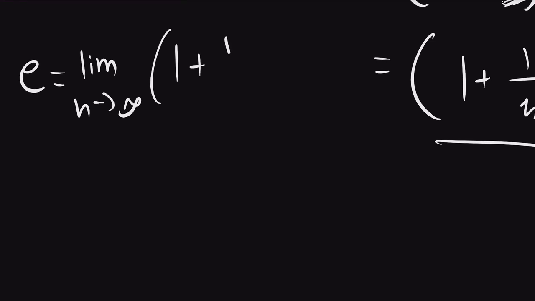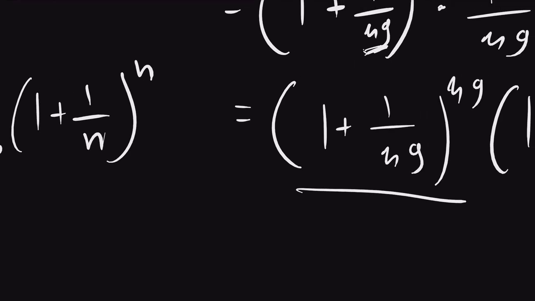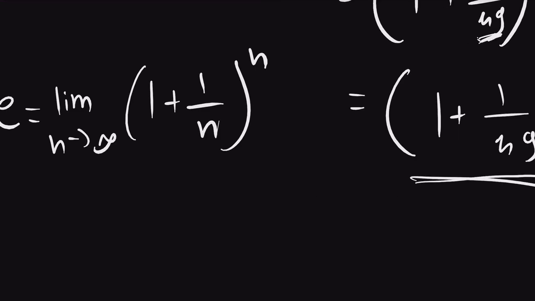Well, remember that the definition of E, Euler's number, is equal to the limit as n approaches infinity of 1 plus 1 over n to the power of n. And this is similar to this form right here. We have 1 plus 1 over 49 to the power of 49.